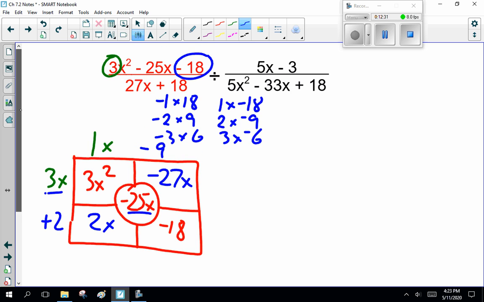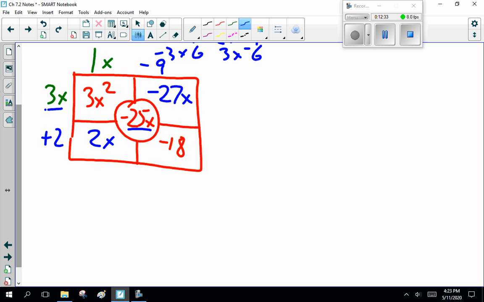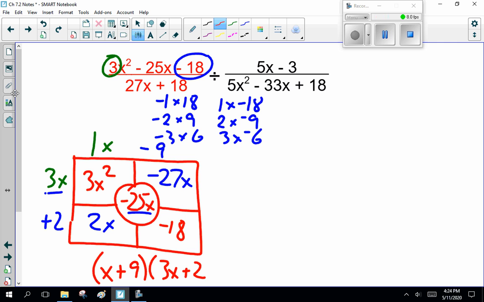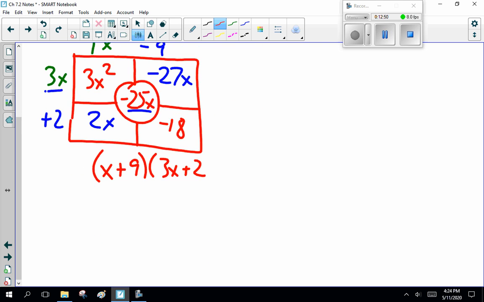So that first one is x plus 9 over 3x plus 2. Now the denominator there is 27x plus 18. Now can I, yes, 27 and 18 I can factor out a 9. So that's 9 times 3x plus 2. Oh, that's not so bad.